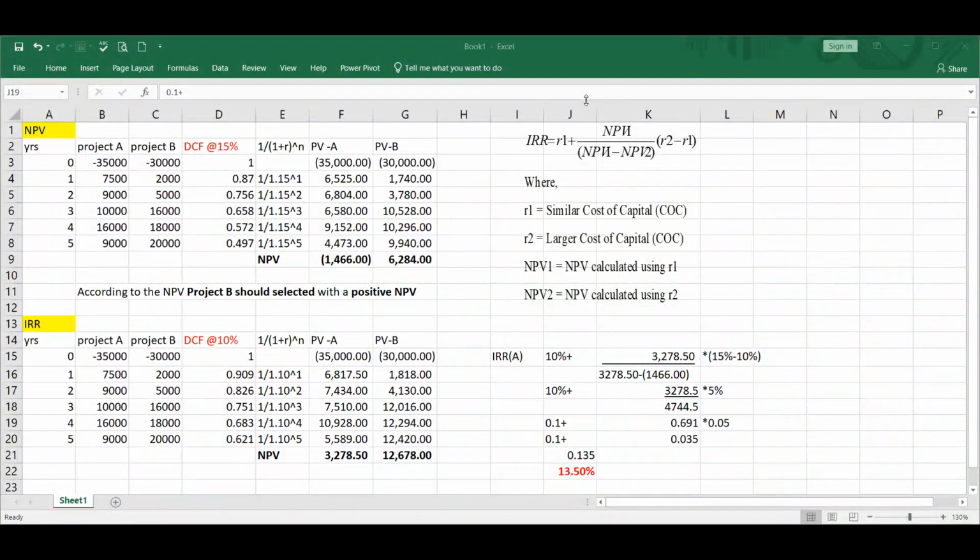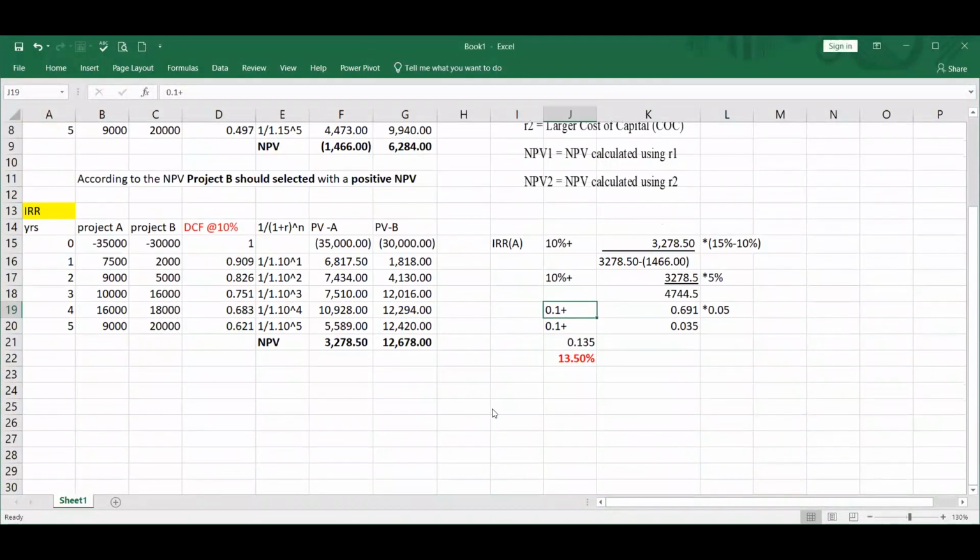Shall I move on to project B? Okay, ma'am. So now you have to calculate project B, the IRR of B. Here also I'm using 10% as the lower rate.